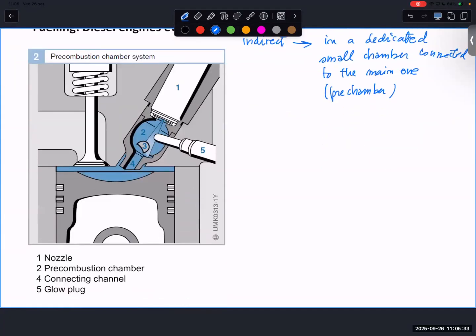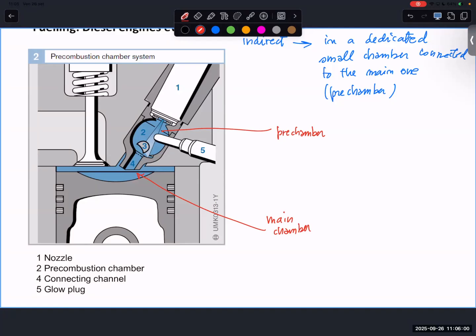So here you have the main chamber, and here you can have the pre-chamber. You can also find the definition swirl chambers according to the configuration. Generally this was called a pre-chamber or pre-combustion chamber.